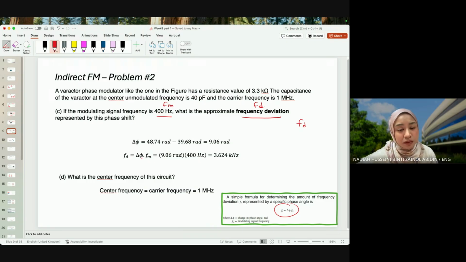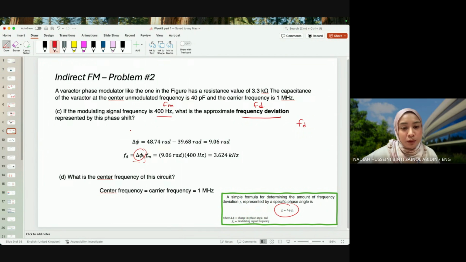FD equals phase shift times FM. Without the two different phase angles, you would not have the phase shift. So if you did not solve for B, you would not be able to do C. So this kind of question is a little bit tricky if you decide to skip a problem.